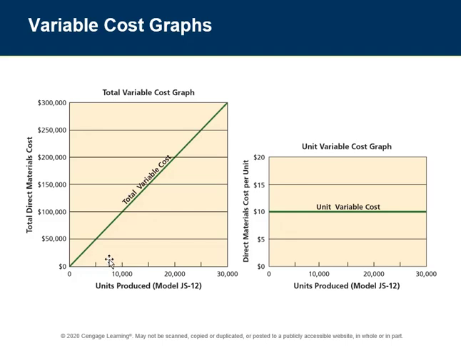As production volume increases, the variable cost increases in direct proportion. But on a per unit basis, the cost remains flat. So it's $10 per unit, no matter how many we produce, as long as we stay within that range. But the more we produce, the more the total cost is going to be.